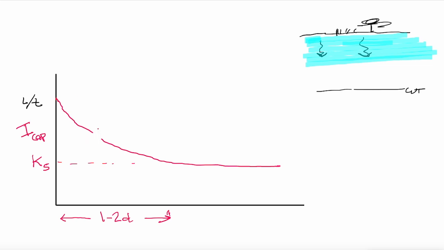Now, the second thing is to answer the question, why does the infiltration rate decrease with time? There's actually a bunch of reasons for that, and I'll list them here. First, and probably most importantly, as we saturate the soil, as the moisture content theta of the soil rises due to infiltration, the matrix suction decreases.